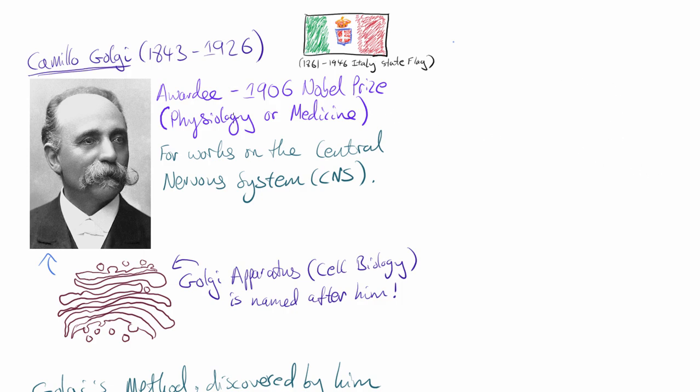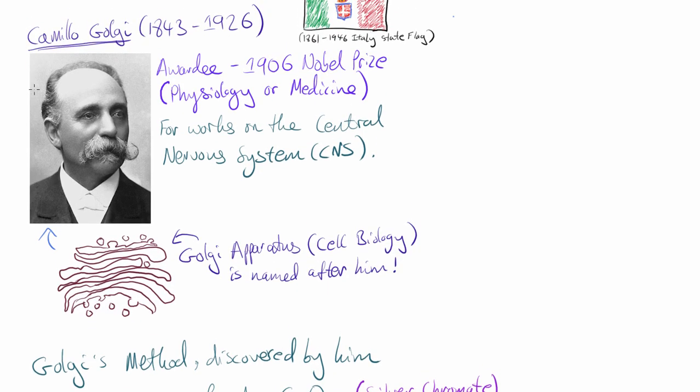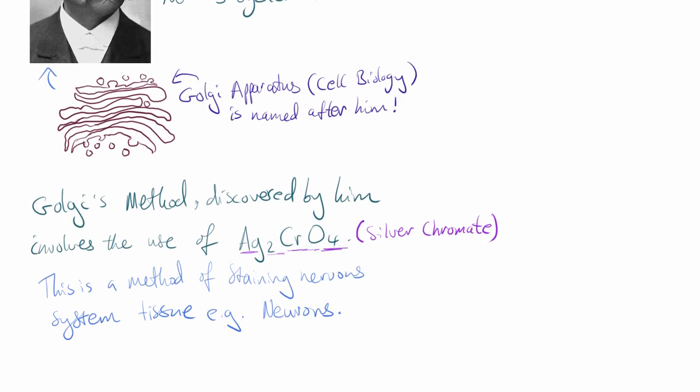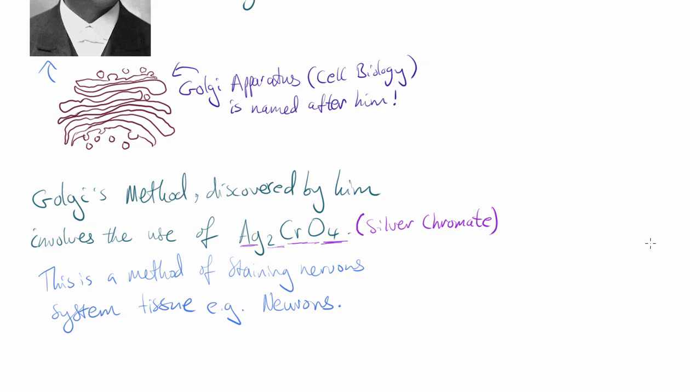And he was awarded the 1906 Nobel Prize for Physiology or Medicine, and part of it actually relates to that silver chromate which we just looked at, in the sense that this is one of the things which played a role in staining of nervous system tissue. So his actual Nobel Prize related to his work on the central nervous system. And one of the things he did is he devised a method. It's called Golgi's method.